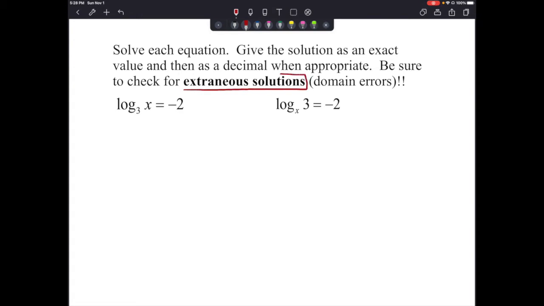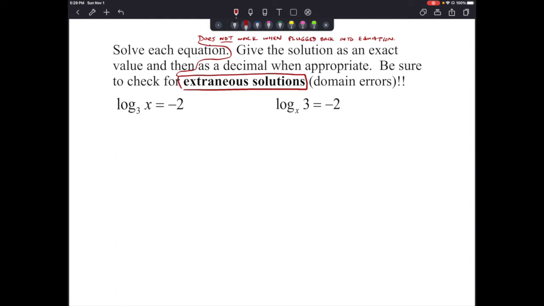Remember, extraneous solutions are solutions you get when you solve it algebraically, but it does not work when plugged back into the equation. And remember, that is our extraneous solutions.